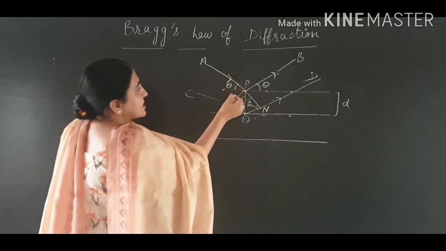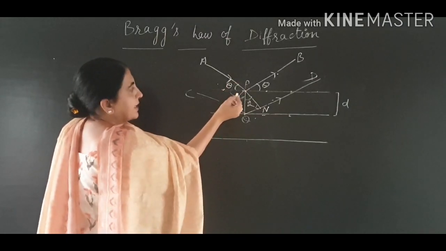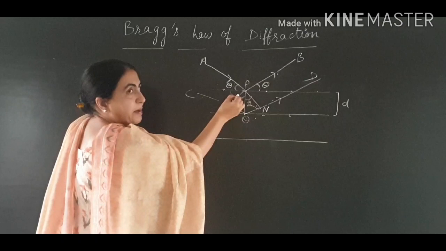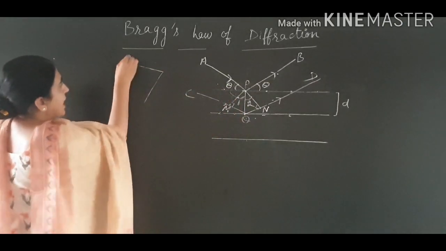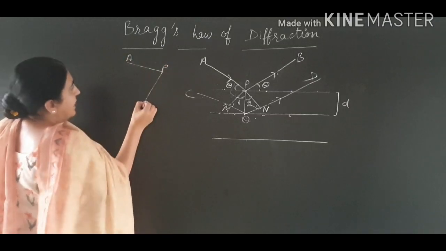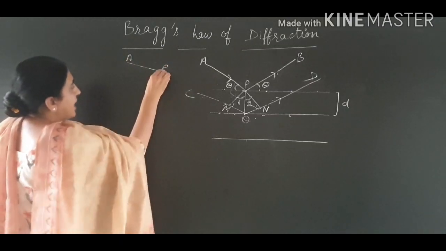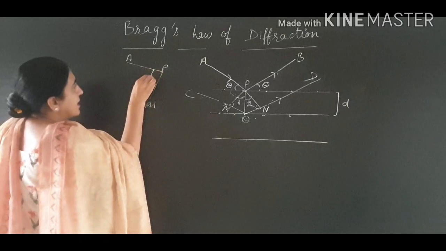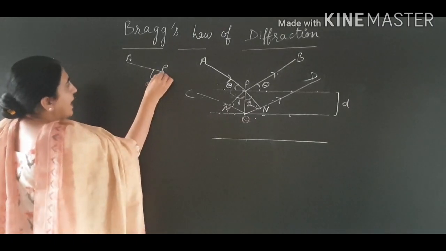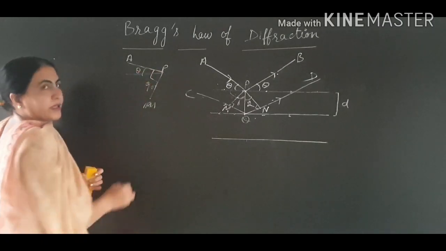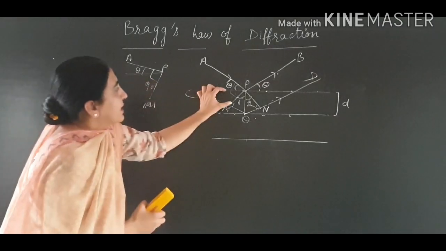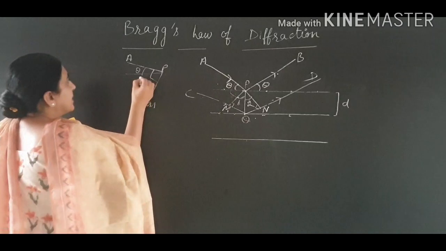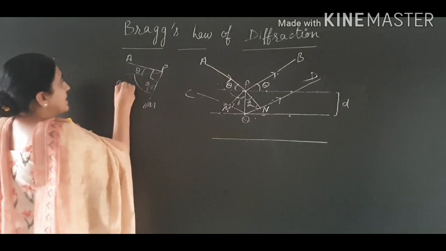If this angle is 90 degrees, this small angle is 90 minus theta, since this angle theta is given to us.